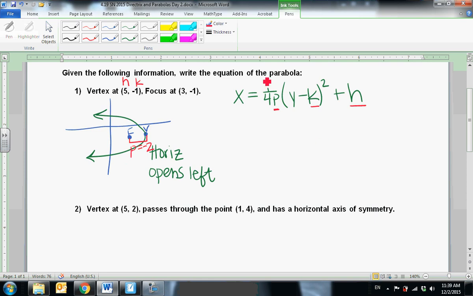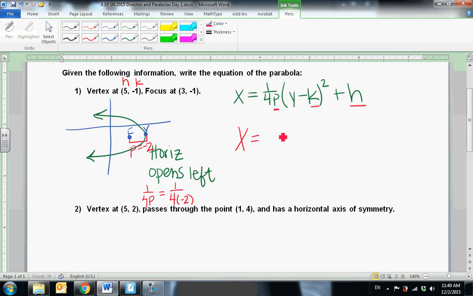All right, so now are we ready to write our equation? x equals, if p is -2, then 1/(4p) is equal to 1/4 times -2.